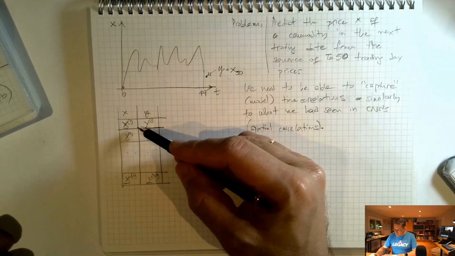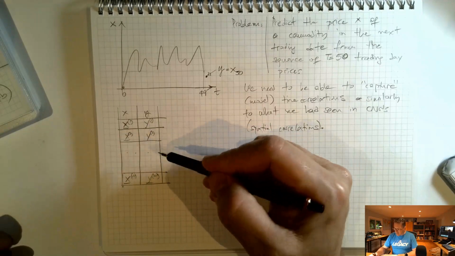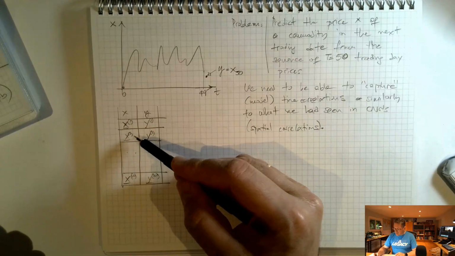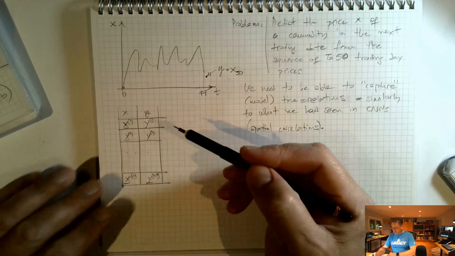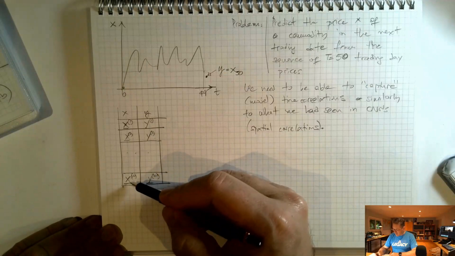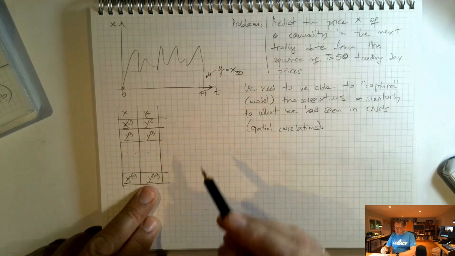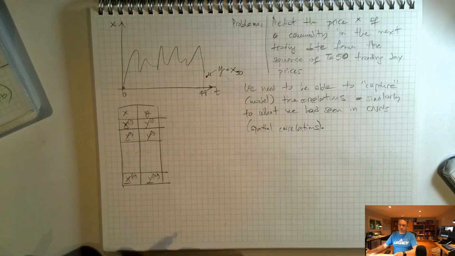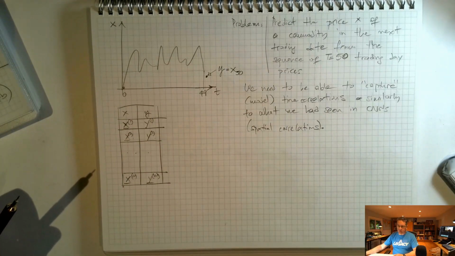So what happens after x49 is your y for that sequence. For this sequence, that is your x50. For the mth sequence, that's also your x50. Okay, so that is the nature of our training data set, and this is actually shown over here on the site.